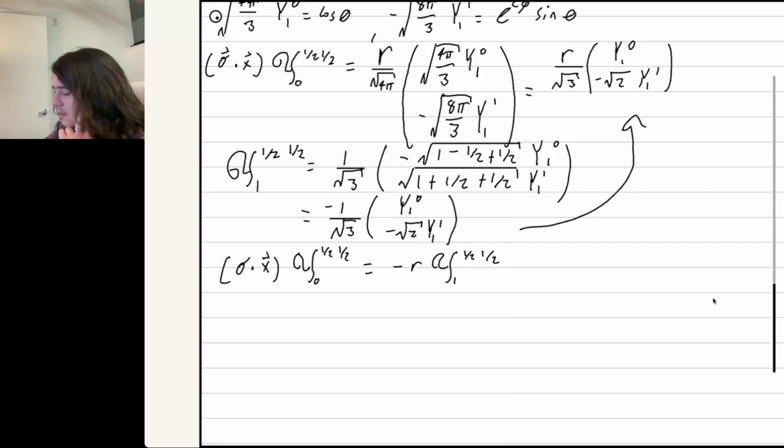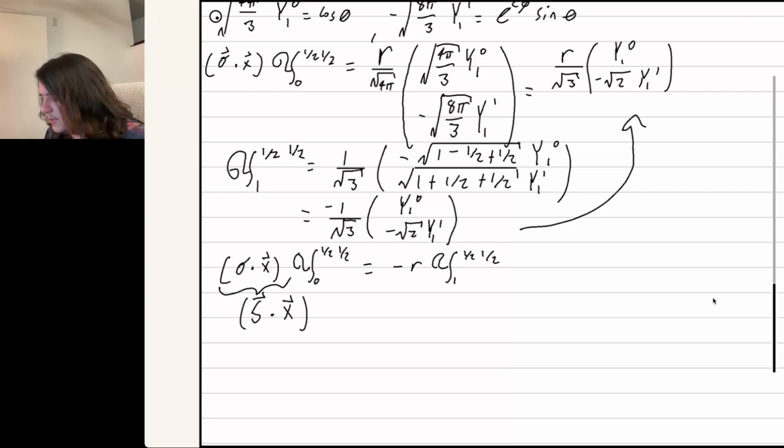All right, what does that mean physically? Well, if we take a look at this operator, what is it doing? It's a spin operator multiplied by a position operator, which when it is in a combination like that, it can do multiple things. It can translate, it can scale, it can even change the parity of an angular function.